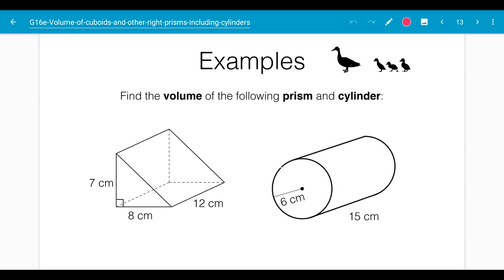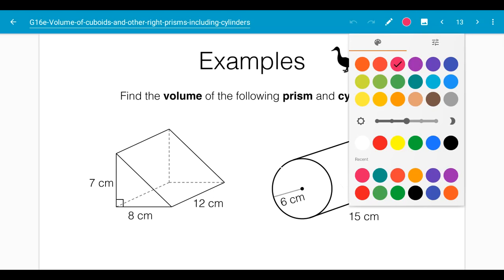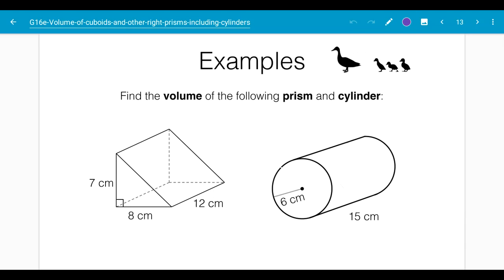All right. I'm not going to do the one on the left. Actually, no, I will do the one on the left because I think a few people have a few issues with triangles. So again, all we need to do to find the volume when we're not given the cross-sectional area is just to work out the cross-sectional area using what we know about 2D shapes and then multiply by the third dimension, which is normally the length or the height.